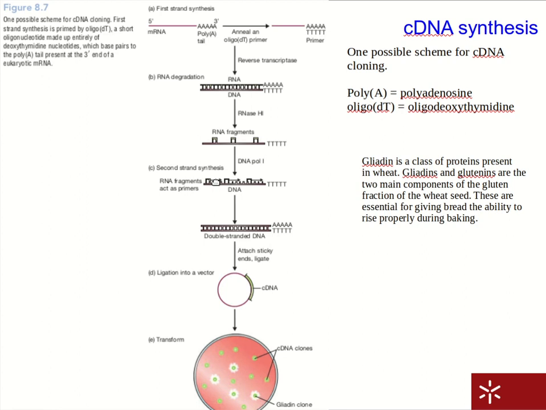This means that the resulting molecule is probably not the complete gene, because it's not very likely that there is one of these RNA fragments exactly at the beginning of the gene. So the resulting library in this case will not have many complete genes.